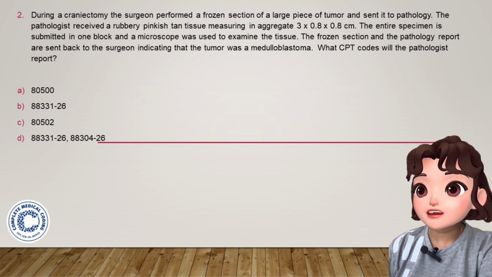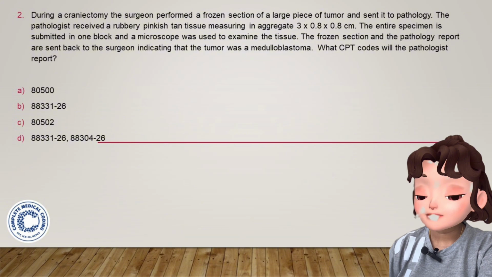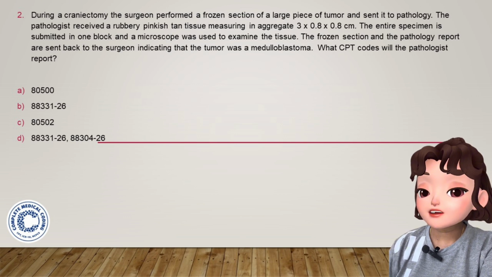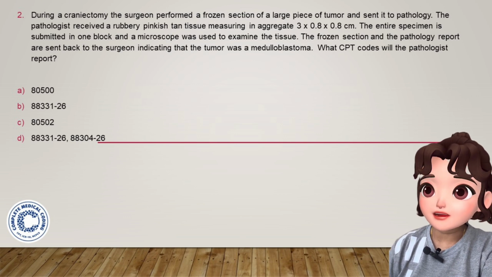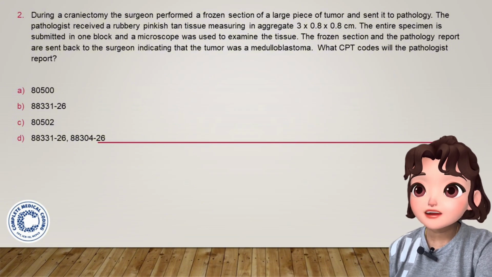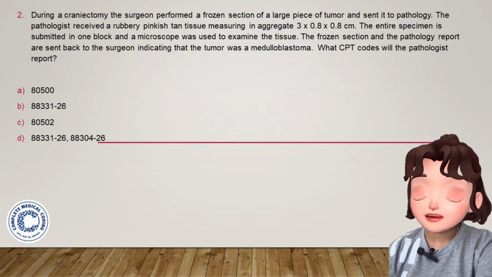But what about option D? It's mentioned another additional code, 88304. What is 88304 with modifier 26? That is surgical pathology, gross and microscopic examination, level 3. No, we don't require that, because this is not a direct consultation from the pathologist.